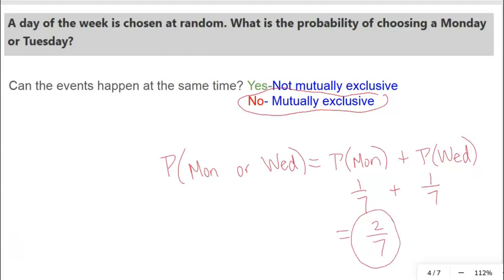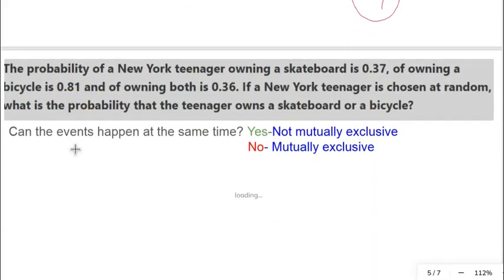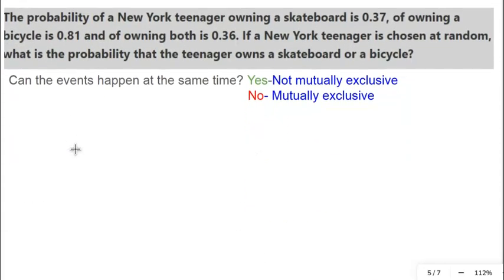All right, let's try another example. So the probability of a New York teenager owning a skateboard is 0.37. If they own a bicycle, it's 0.81. And if they own both, it's 0.36. So first, we want to know what's the probability that we own a skateboard or bicycle. So first, let's figure out, are they mutually exclusive or not?